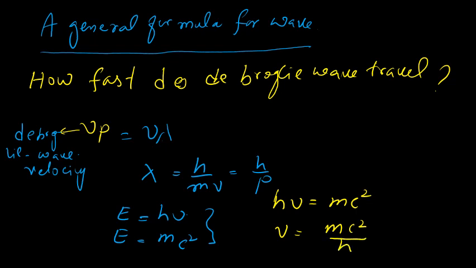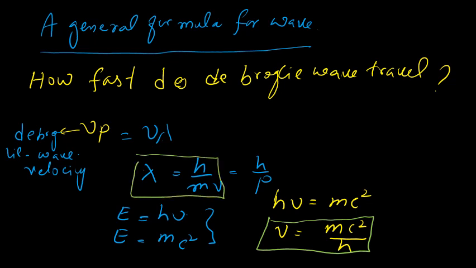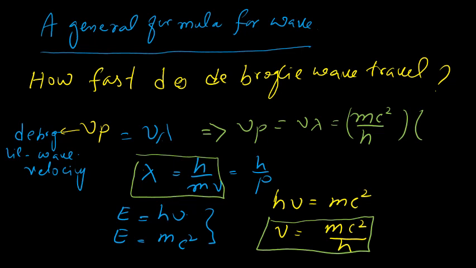Now we have the value of the frequency mu, and we also have the wavelength, lambda is equal to h over mv. So we can put these values into this equation. The de Broglie wave velocity is equal to mu lambda, which is mc square over h times h over mv.